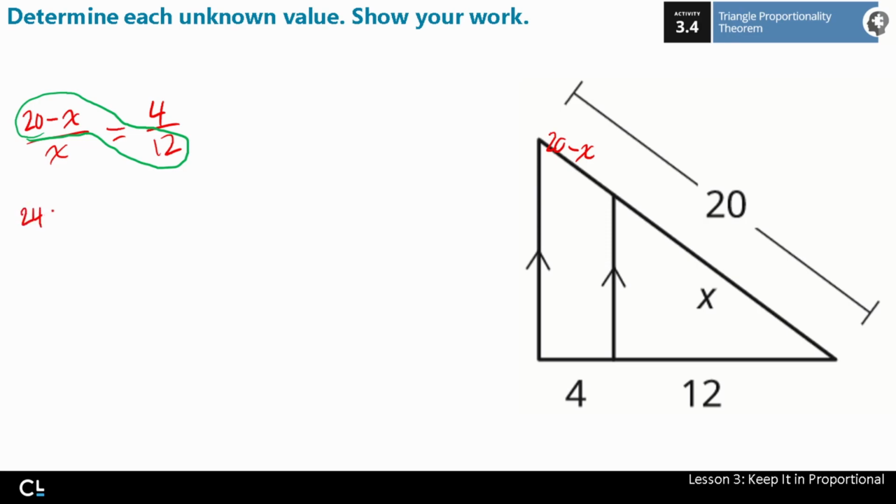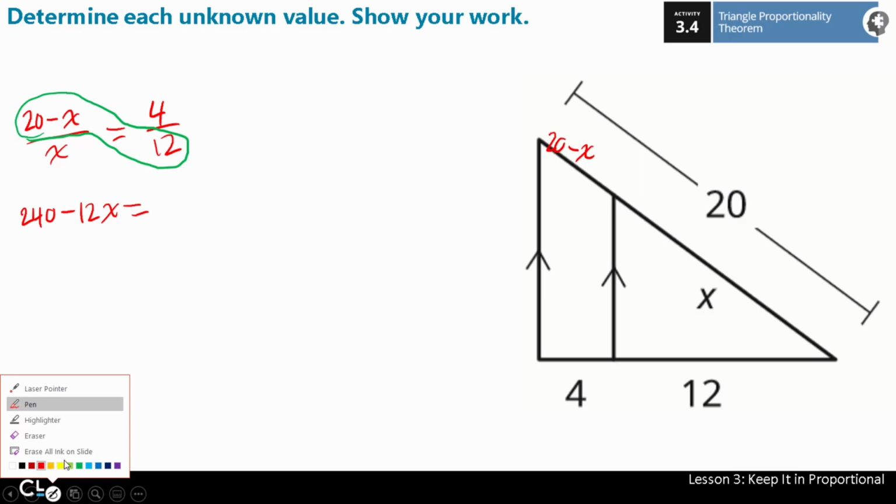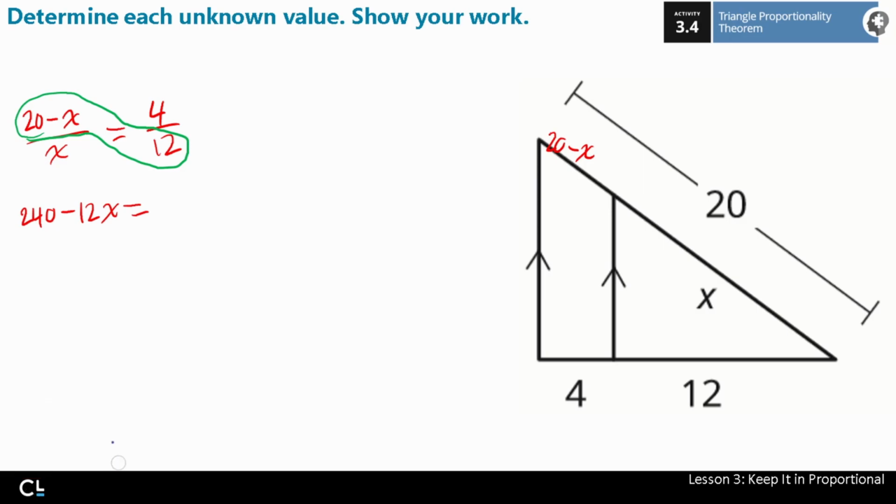We're going to get 240 minus now 12 times the negative x, which will give me, boom, minus 12x. Now we could do our other side, right? x times 4, which will give me 4x. And this kind of sets up the problem like we saw earlier in the PowerPoint.